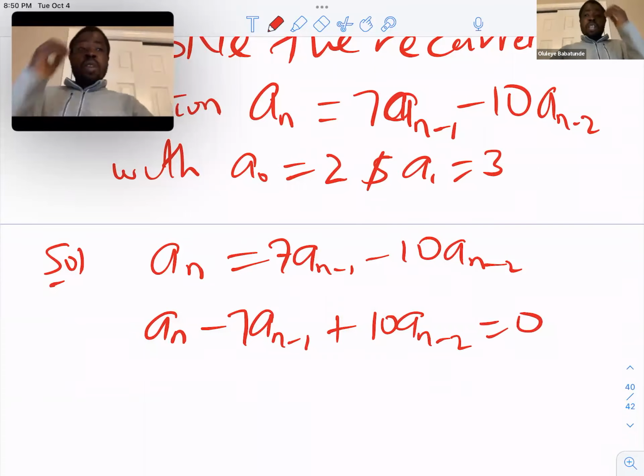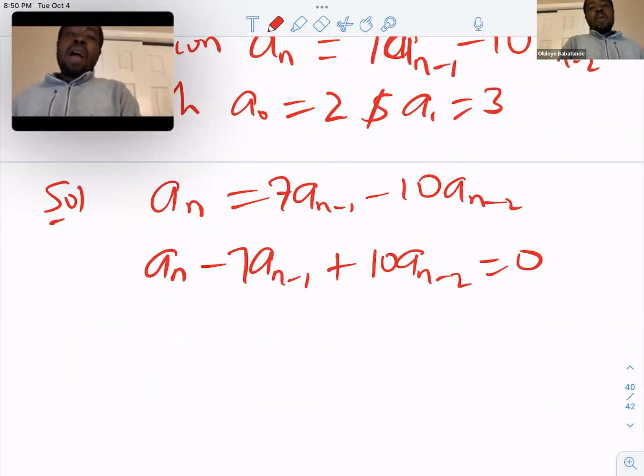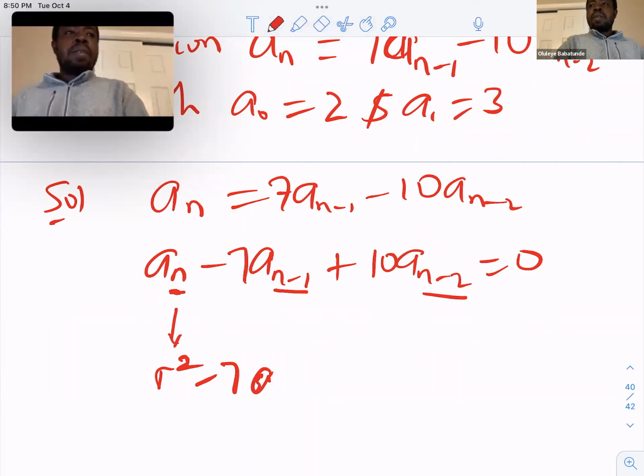Now I told you, we are very lucky here. The subscripts are in descending order. So if you start your a_n with r squared polynomial, we've got minus 7 here, minus 7r. So the power of this one will be what? You can say 1 if you like, but you don't have to put 1 there.